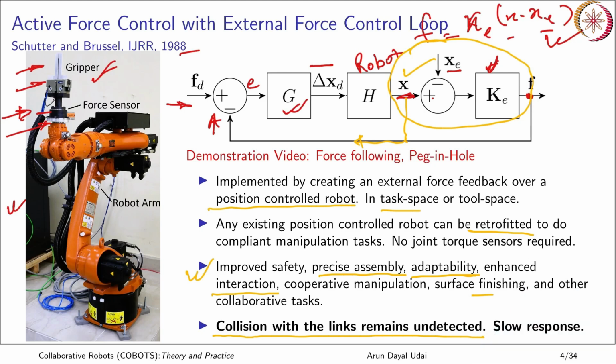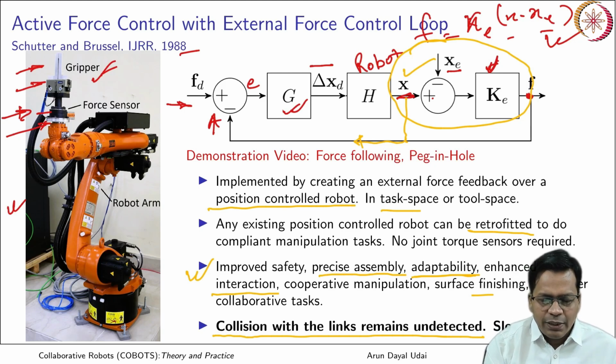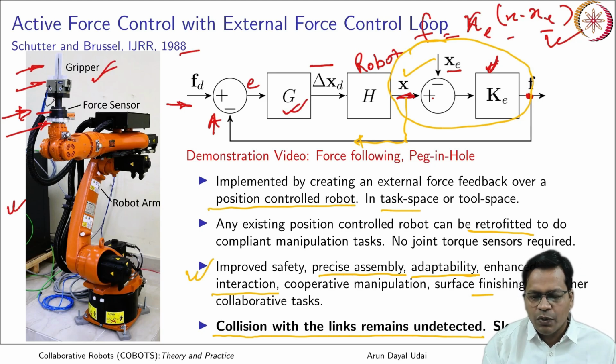Apart from that, they are slower in response. That means this robot has an external loop, and the force error is considered by the robot's controller using this controller signal. So this controller essentially remains outside the robot controller.